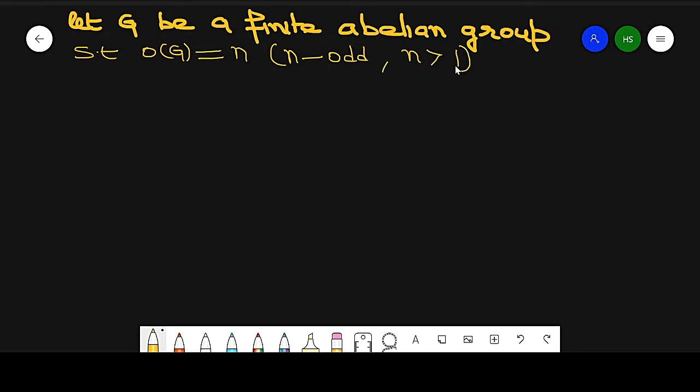So n is any positive odd integer greater than 1.